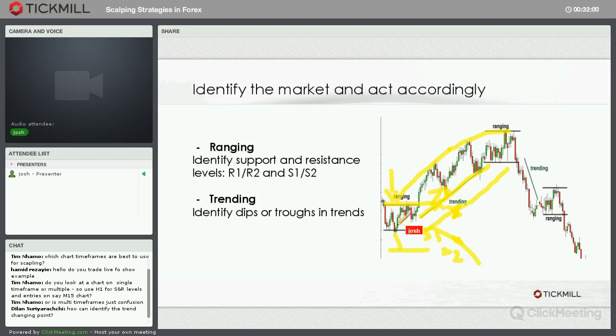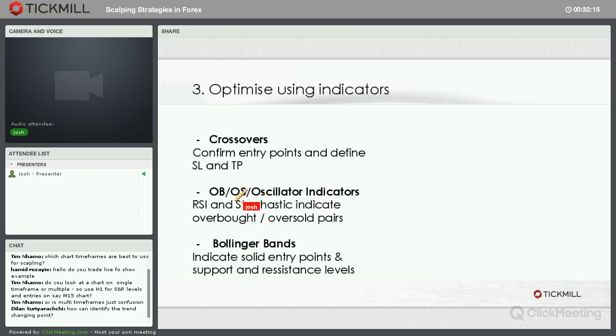It was oversold already all the way going into S2, and then it actually started to leave. This is known as RSI divergence, where the price is showing something else when compared to what the indicator is showing. That indicates a reversal is possible. So you can definitely use these overbought and oversold indicators.